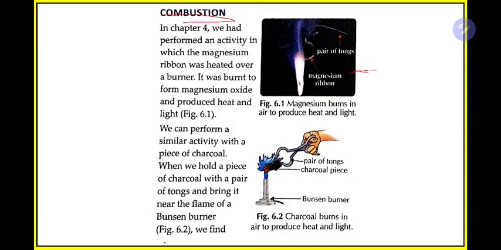Magnesium is a metal, so we heated a magnesium ribbon over a burner, and it burned to form magnesium oxide and produce heat and light. Whenever it gets burned, it showed enough heat and some light. You can see in this diagram also, it is giving you light along with heat.